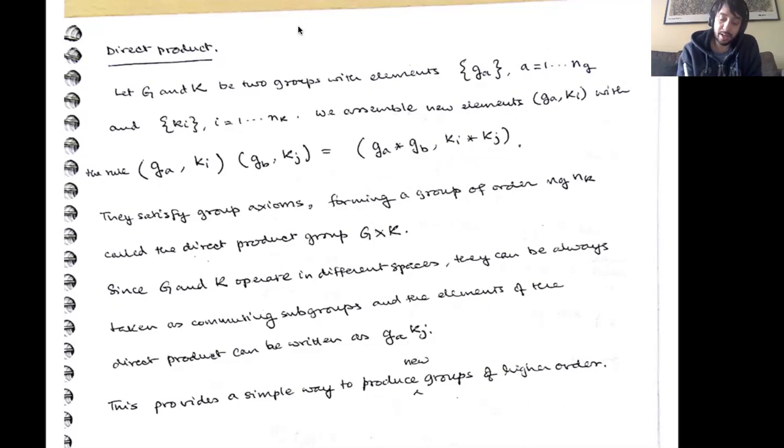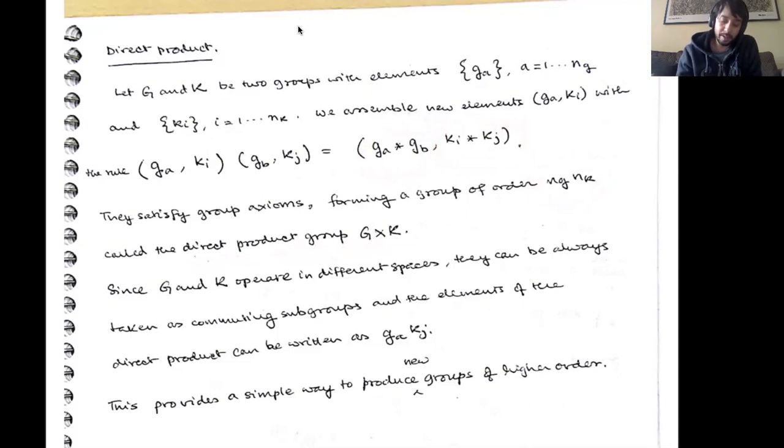Obviously, Ga star Gb will be in G, and Ki star Kj will be in K. You would be able to check straightforwardly that they satisfy the group axioms, and they form a group which has order NG times NK. This is going to be called the direct product group of G cross K.